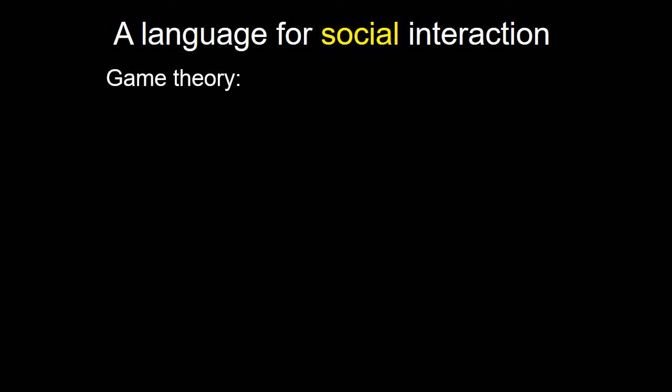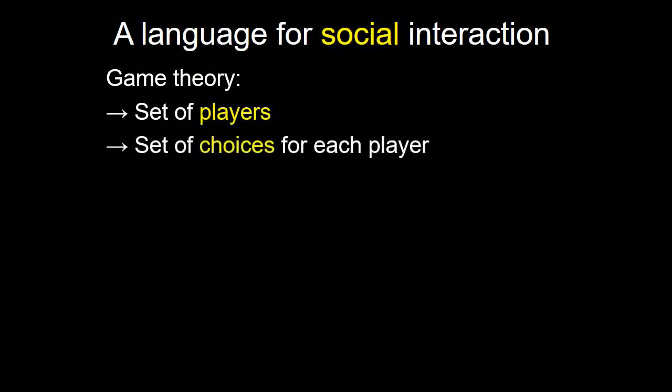The way game theory works in its essence is you have some social situation and you want to try and model it. So when you use game theory, you break it down in the following way. First, you ask what the set of different players involved in this interaction is, the set of people, the set of actors, whatever.